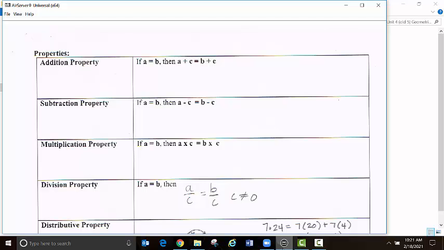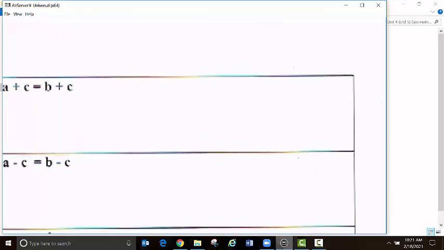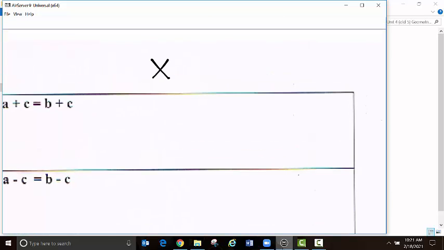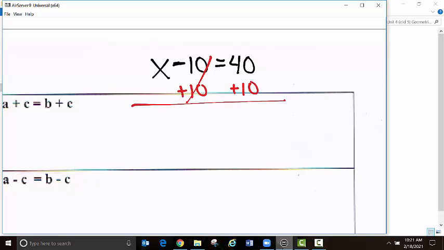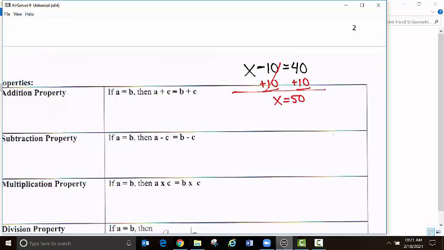When you've done math before, if you had something like this, x minus 10 equals 40, wouldn't you solve that by adding 10 to both sides, right? And we know that it would keep it even, and so the x would equal 50. You already knew that if you added 10 to both sides, it would stay equal. Well, that is called the addition property.